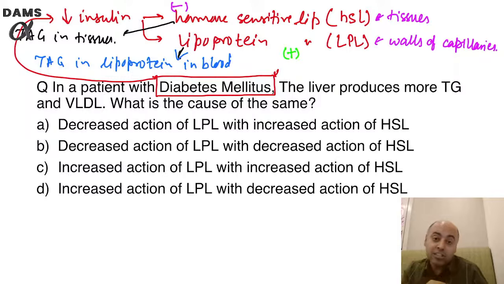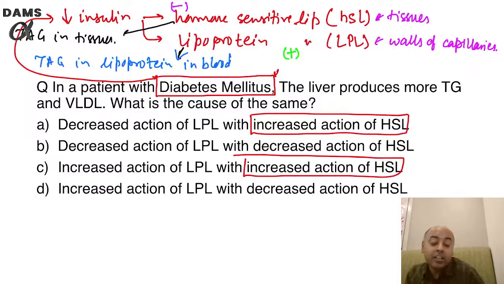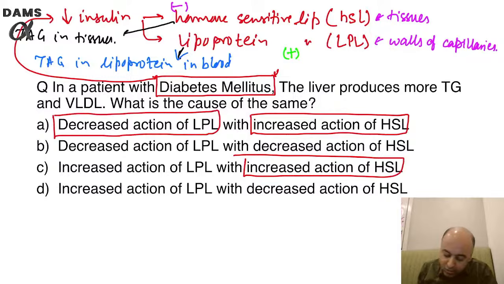The opposite will happen. Insulin is inhibiting hormone sensitive lipase; insulin gone, hormone sensitive lipase will increase. So there is increased action of the hormone sensitive lipase, and normally insulin is activating the lipoprotein lipase, so when the insulin is less, lipoprotein lipase activity will be decreased. So in this case, you find decreased action of LPL and increased action of HSL.